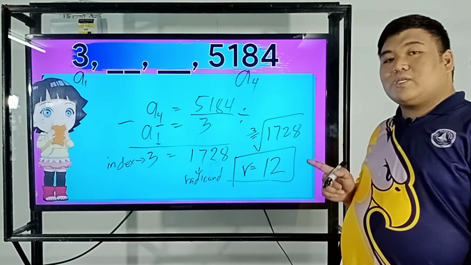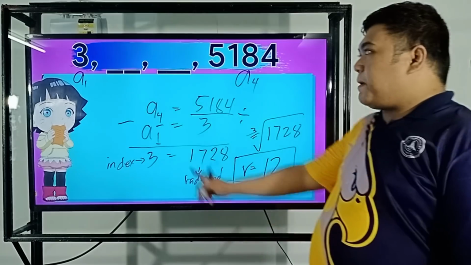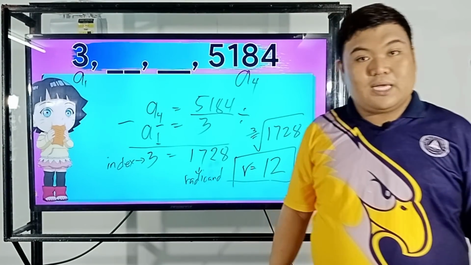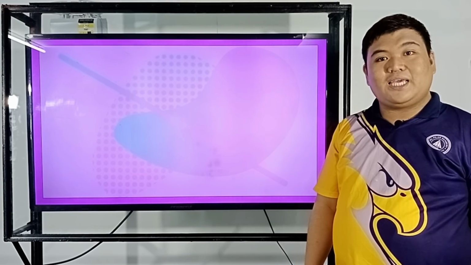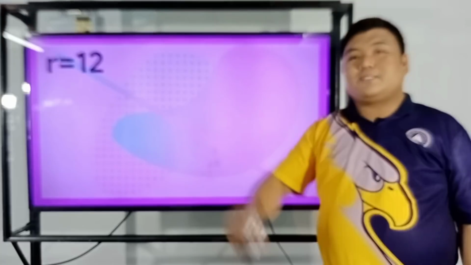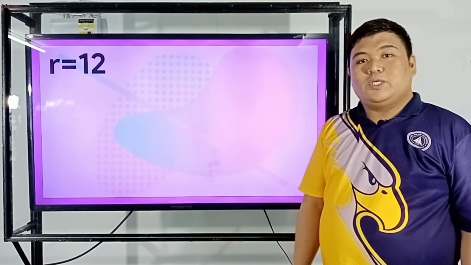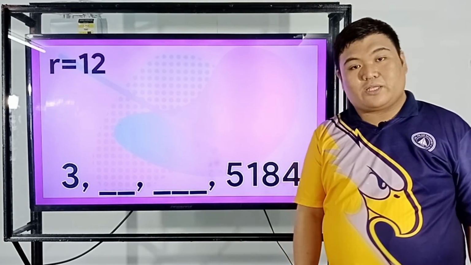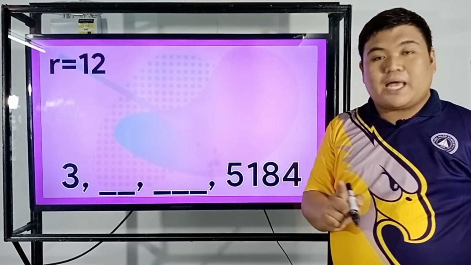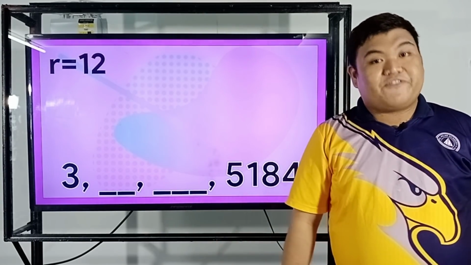So we have the common ratio na 12 na gagamitin natin para makuha yung dalawang missing terms. Again, the common ratio na nakuha natin kanina is positive 12. So ano ang gagawin natin with positive 12 para makuha yung dalawang missing terms? We will be multiplying that mula doon kay first term.